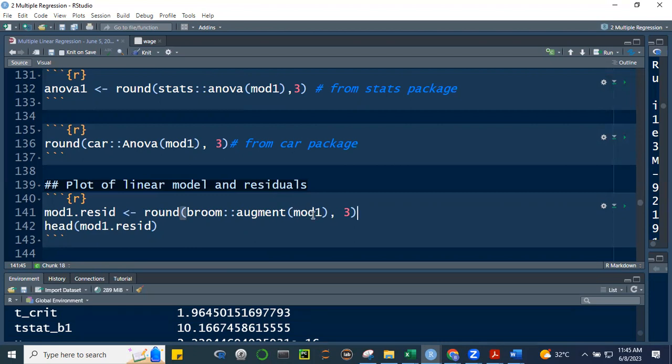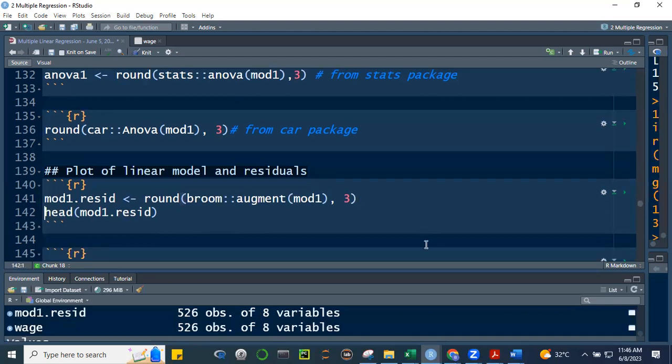So I'm creating this object called mod1.resid to stand for residuals. And then I'm just going to use the round function para 3 decimal places lang kasi magsi-6 or 7 decimal places siya, masyado mahaba. And then I'm going to use the augment function from Broom. Okay, so if I run this, there, so meron na tayong mod1.resid. So it's also 526 observations of 8 variables.